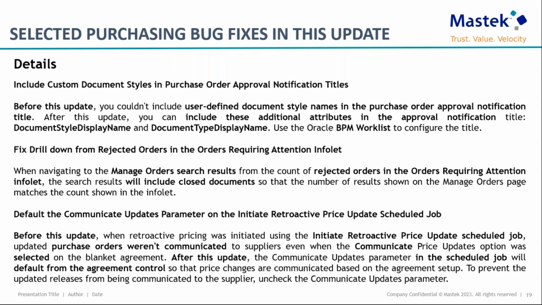But now after this update, if we have opted for the communication to communicate the purchase order price update to the supplier in the scheduled job, this parameter will be controlled from the blanket purchase agreement. So if we have turned on the communication, that communication will happen. If we have disabled the communication, it will not happen.